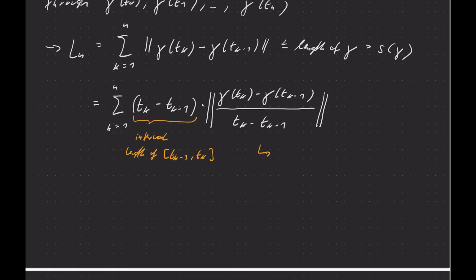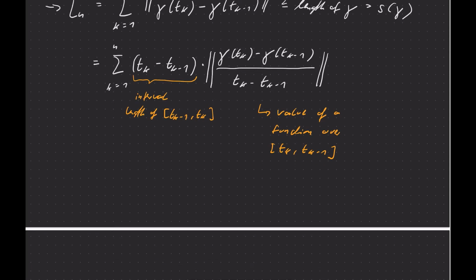And this here could be interpreted as the value of a function over this interval, for some point in the interval. And now let's make the intervals smaller. Let's choose more and more points and make the interval smaller and smaller. What happens? Then, well, this sum is going to converge to an integral over this function expression.